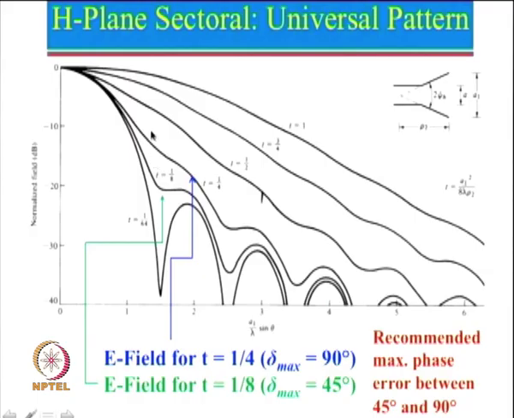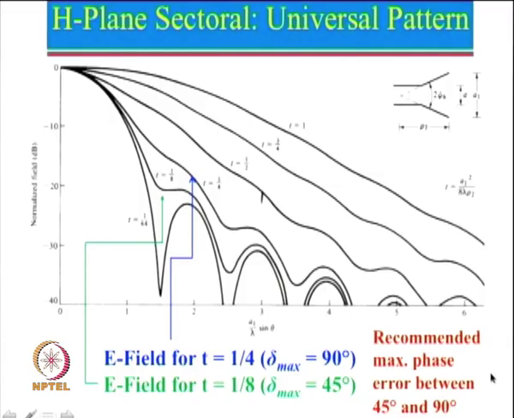That means much more power is being radiated in the undesired direction, and in fact 135 degree phase error will come somewhere in between this curve and this curve here, because this is 1 by 4, this is 1 by 2, and 135 degree corresponds to 3 by 8, so the curve will be in between. So, you can see that radiation will be taking place in the undesired direction, and hence overall directivity of the antenna decreases.